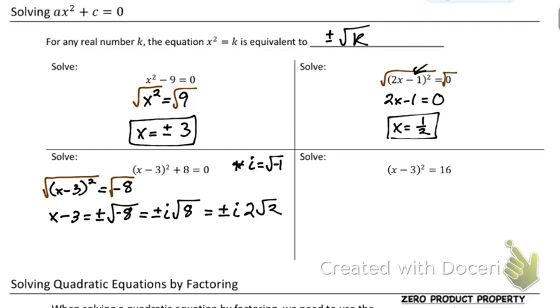Why does the i go outside the square root? Yeah, so it's the square root of negative 8, and then i times the square root. So this is what's happening. In short, if I have negative 8, we could rewrite that as the square root of negative 1 times the square root of 8.